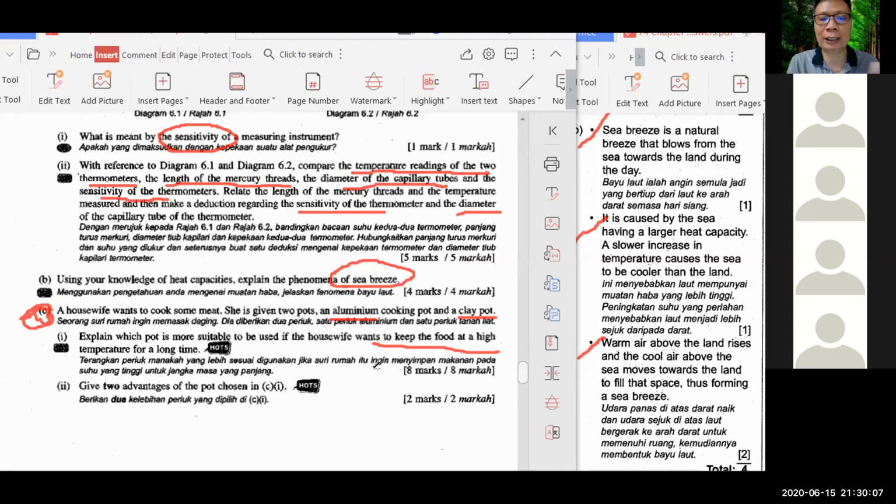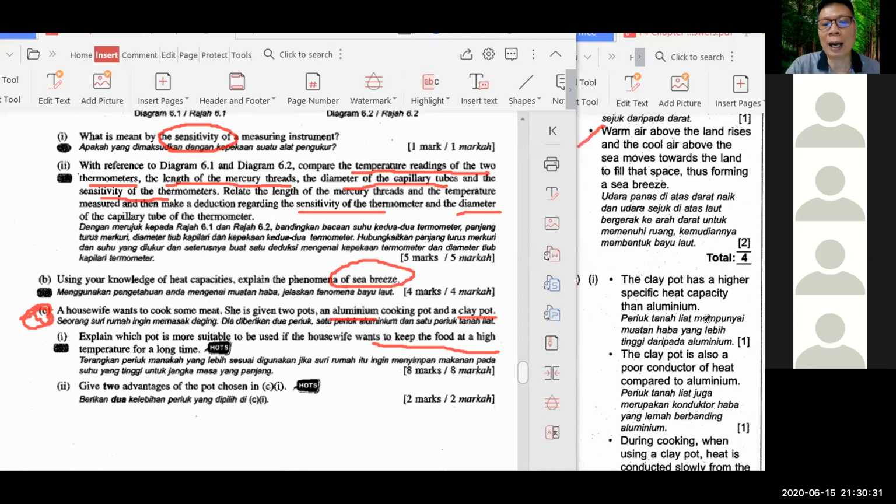Another one is that clay pot is not reactive to the food. Certain foods you have to cook with a clay pot, because there is no chemical reaction compared to aluminum. Aluminum may have a chemical reaction with the food, so it's not good. So many reasons. Come, you have to see the whole answer.